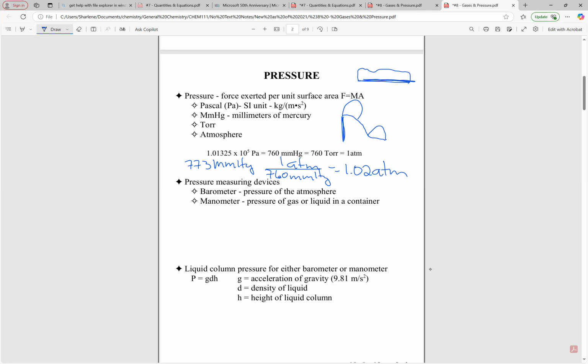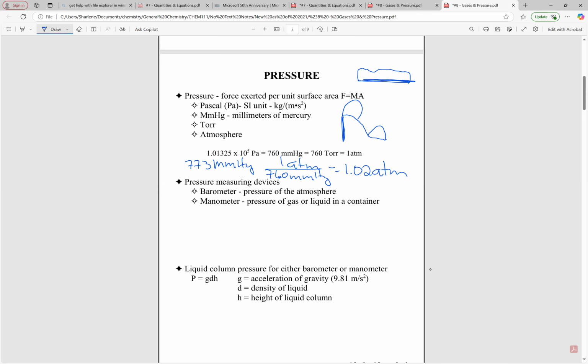Definitely a sneaker. So even though it's the same mass pushing down, pressure, we have to remember, is specifically defined per unit area. So it's not the total area, it's per unit area. Yes, it's the same amount of mass pushing down, but the force is in one specific area. So keep that in mind as we're talking about some of these other things.